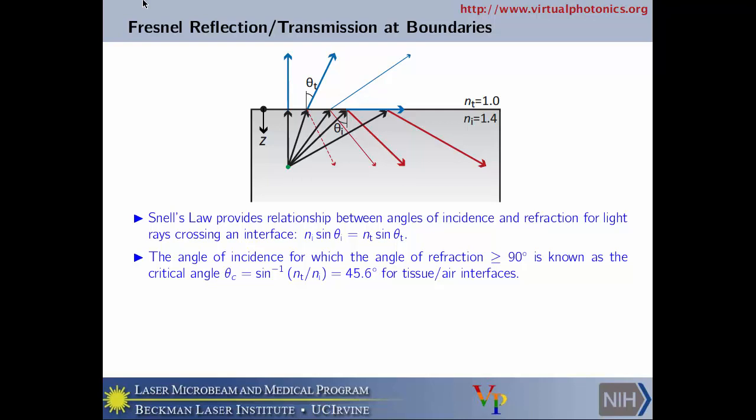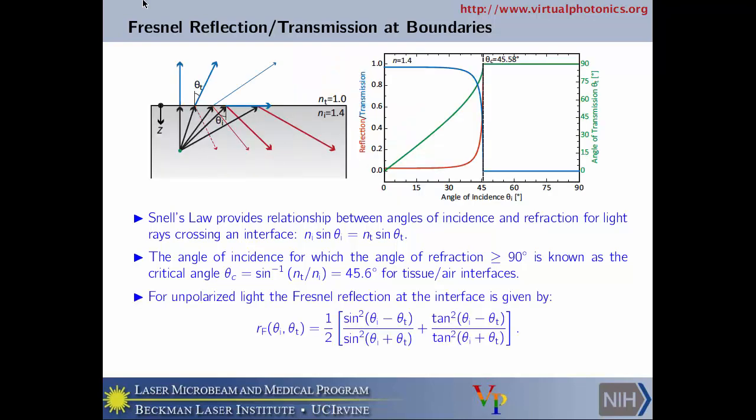So this green point here is just, say, a point very, very close to the surface, and you have this angular distribution of light, the radiance, close to the surface that is, say, propagating upwards and trying to escape. And so you have a certain range of angles where you have some transmittance, and then a range of angles beyond the critical angle where you have total internal reflection. And for unpolarized light, the Fresnel reflectance coefficient is given by this equation down here. And the plot on the right-hand side shows you the three relevant pieces of information.